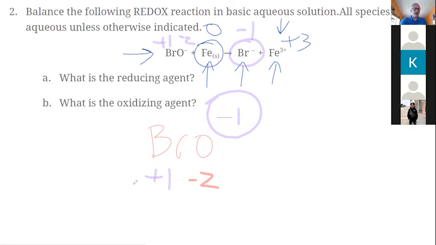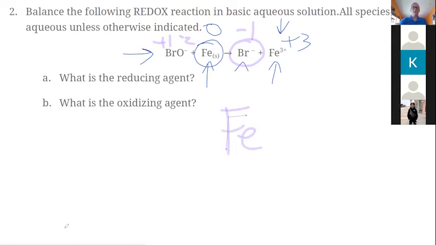So who's getting oxidized and who's getting reduced? Iron is getting oxidized. Mm-hmm. So iron is going from 0 to +3. It is being oxidized.